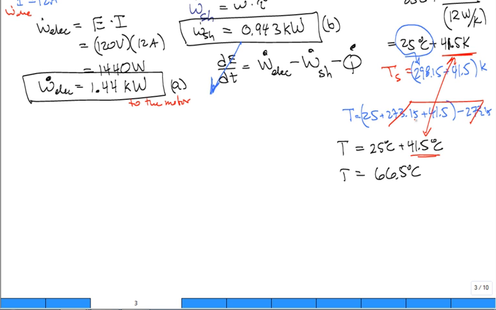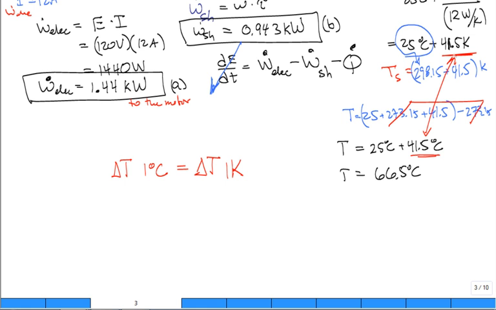A temperature change of 1 degree Celsius is equal to 1 K. So a temperature change of 1 degree C is precisely a temperature change of 1 Kelvin. You're absolutely right. And this was a temperature change of 41.5.